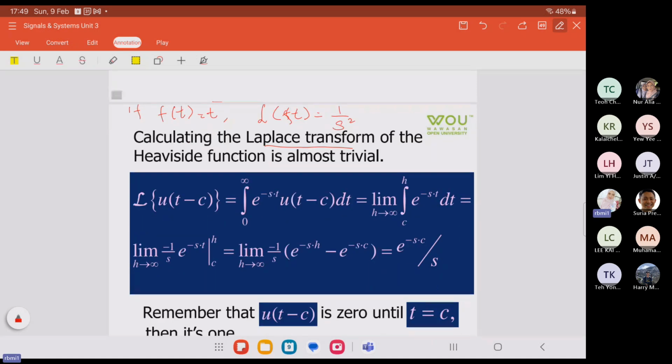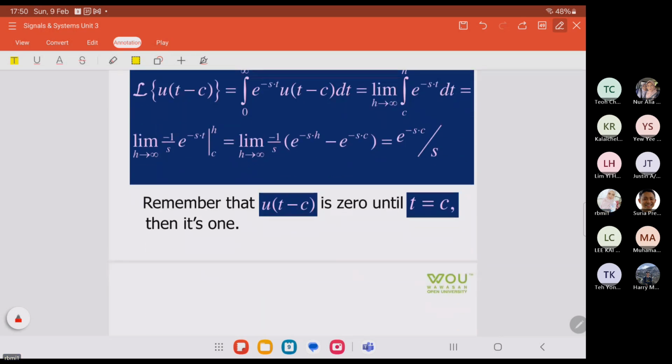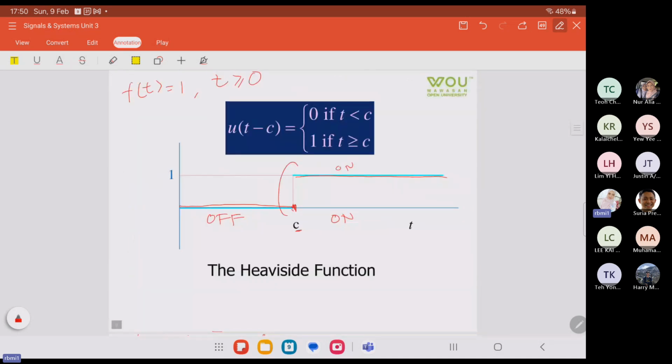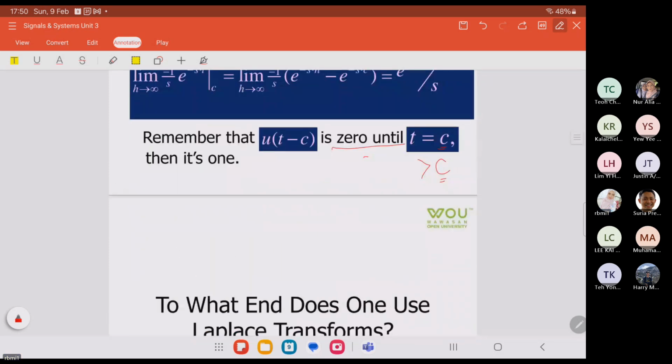So if the function is equal to t, we have 1 over s squared. This one is for the switch that is off until a certain point, and if it is greater than the cutoff value c, it will be high.